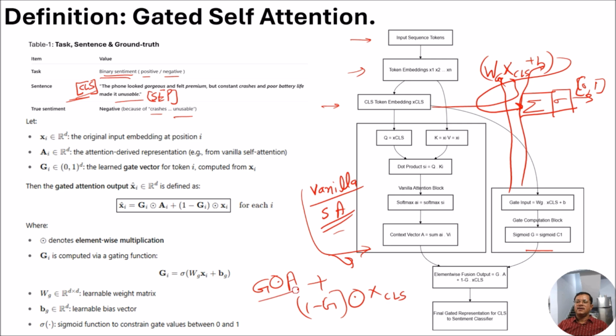Here we decide that if the score of G is very low, suppose it is 0.2, this means we are giving just 20% importance to the attention score coming from here, and 80% importance to the embedding of XCLS. Then we combinedly calculate the gated attention score for the CLS token, and we will use this information in computing the classification task. So this is the process.